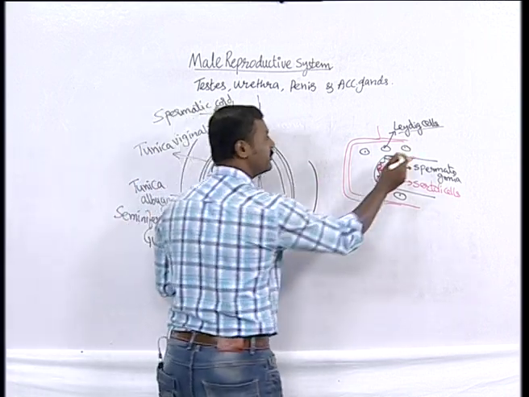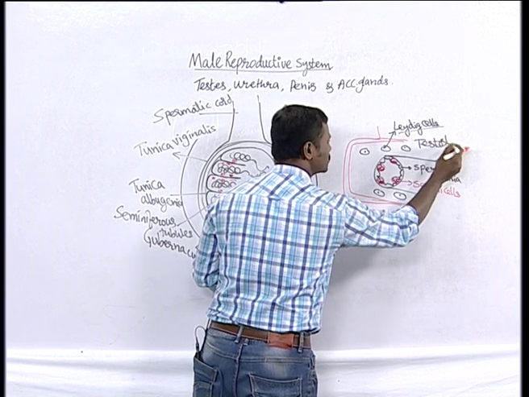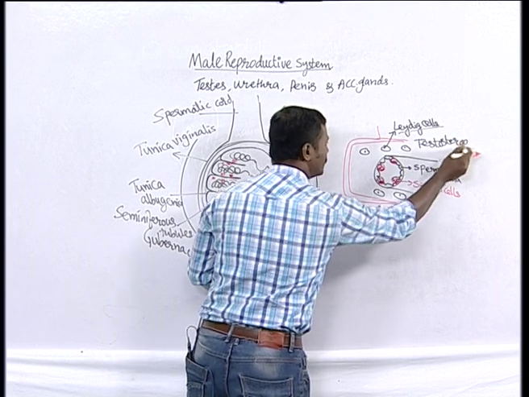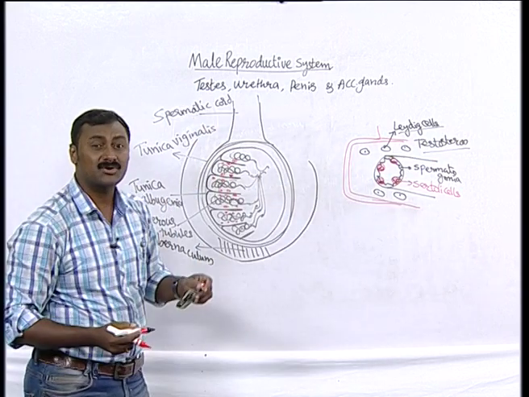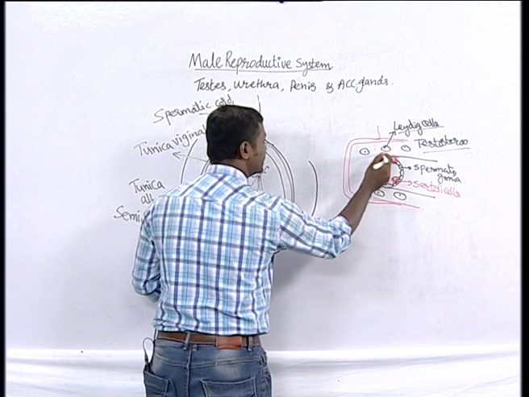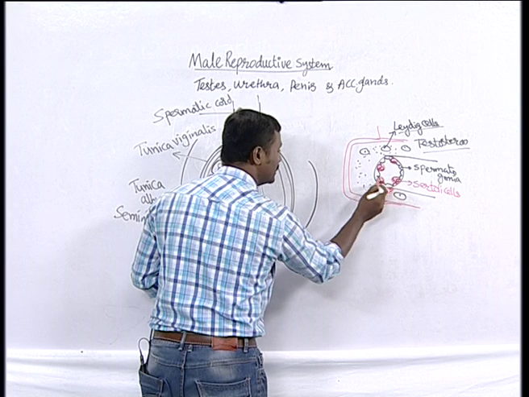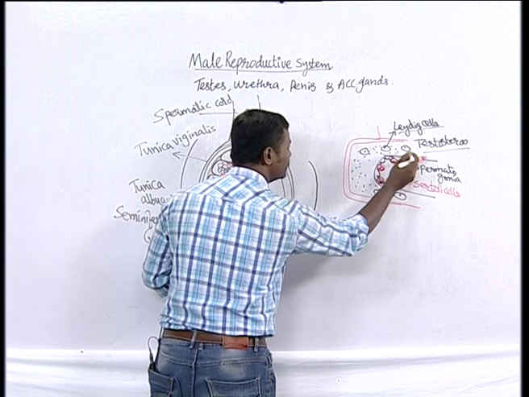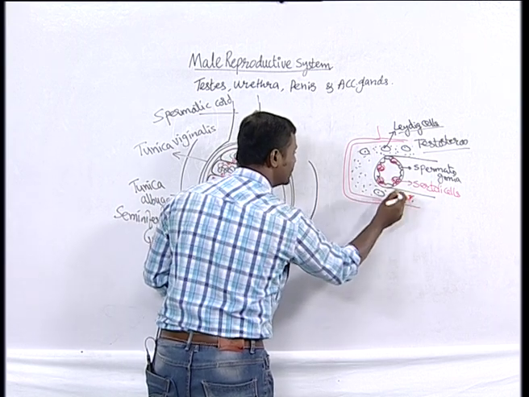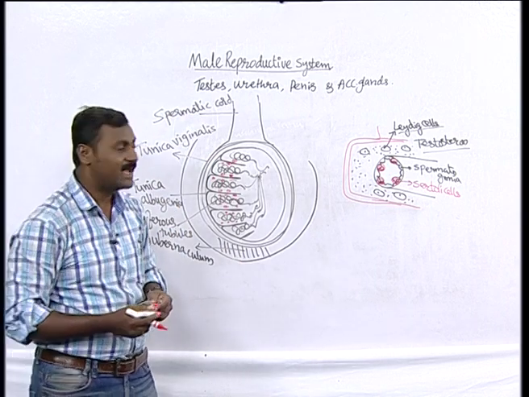They are very important. Why? Because they secrete testosterone. Testosterone is a male androgen hormone, which changes the environment and promotes the spermatogenesis process.